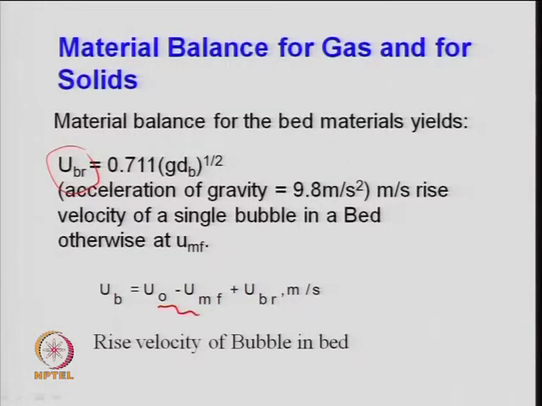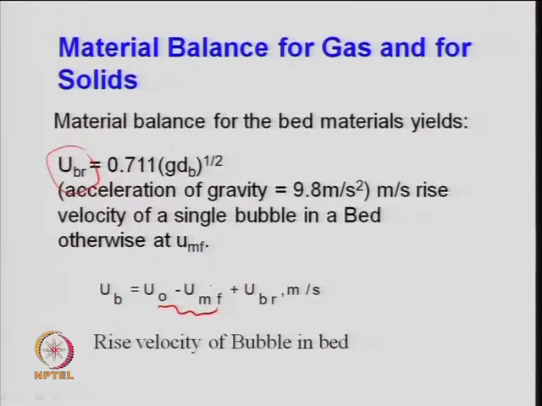So, u0 minus umf is basically the effective velocity which is required for fluidization, because up to umf it is a packed bed. So, you have to go above umf if you want to make it a bubbling bed, and then bubbles are rising in the bed. So, the actual bubble velocity is related to u0 minus umf plus some bubble rise velocity.